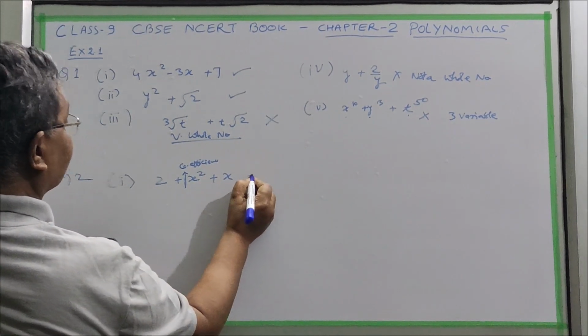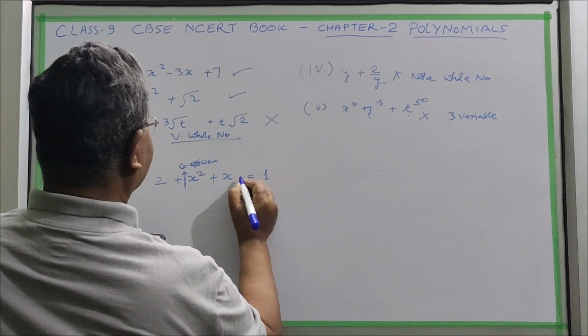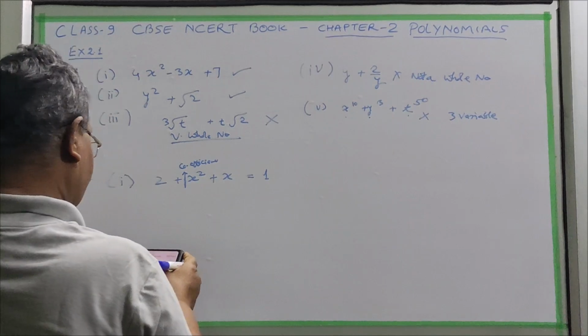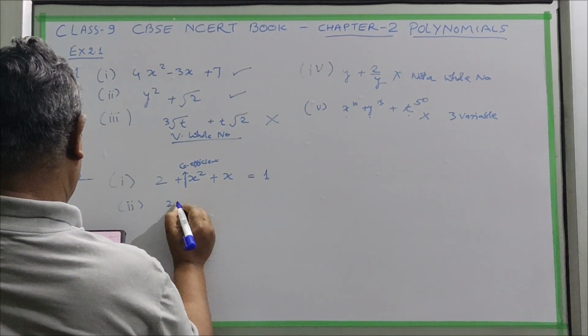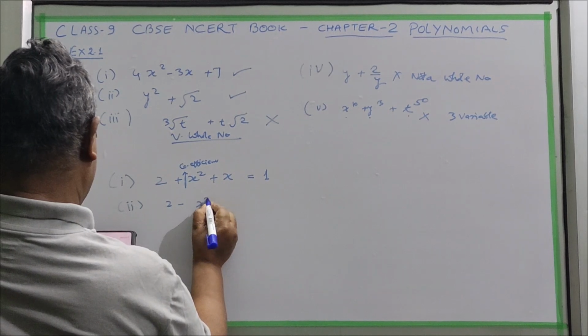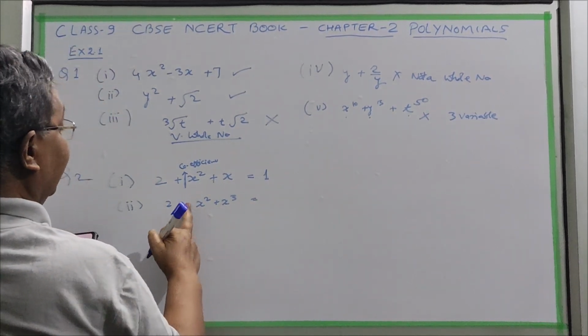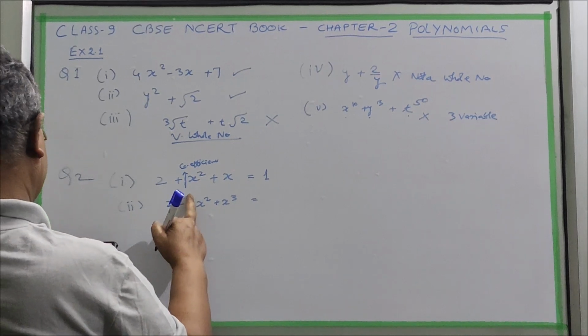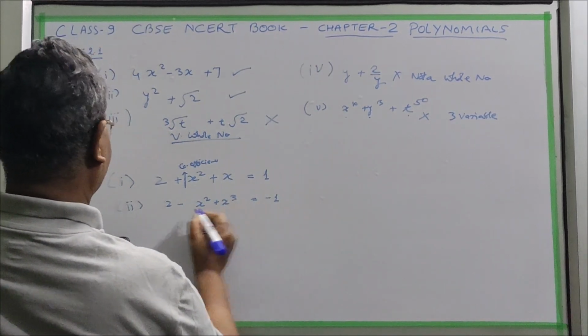So the x² coefficient is plus 1. Okay. In the second, 2 minus x² plus x³. So here also 1 is there. So its coefficient is minus 1.